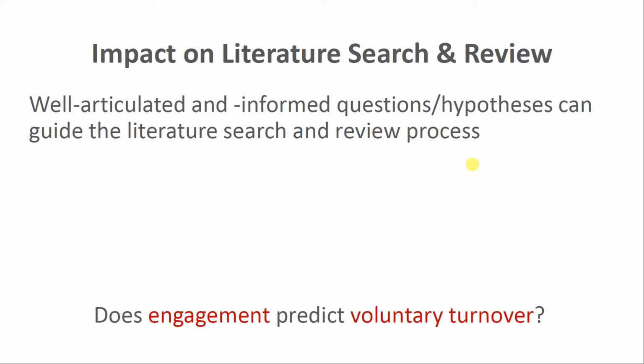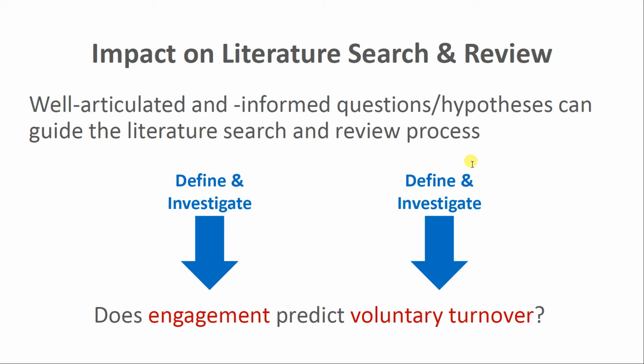Well, this question implies two variables here, engagement and voluntary turnover. And these are two variables that represent psychological constructs here. A person's level of engagement and their behavior associated with voluntarily quitting or leaving an organization, voluntary turnover. So these give us two targets right here to define and investigate in our literature search and review.